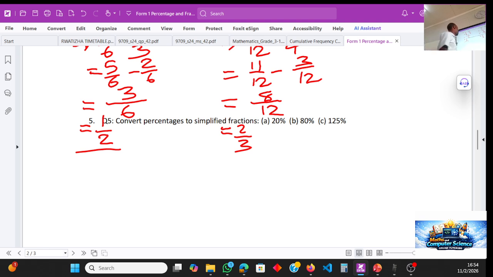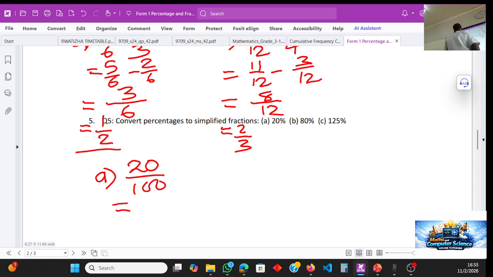Convert percentages to simplified fractions. So we have got 20%. Now we are doing the reverse. We know the percentage form sign, it came from multiplying a fraction by 100. So this time around, if we want to revert, it means we go the opposite of multiplication, which is division. So for first part A, 20% is the same as 20 out of 100.